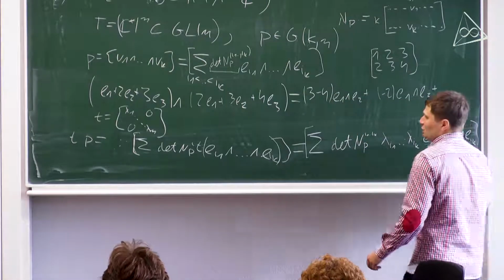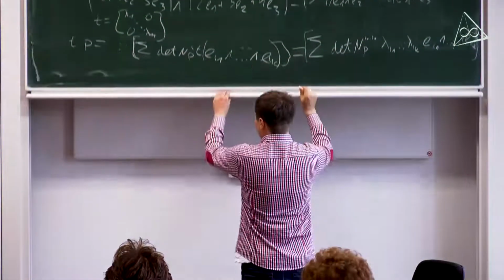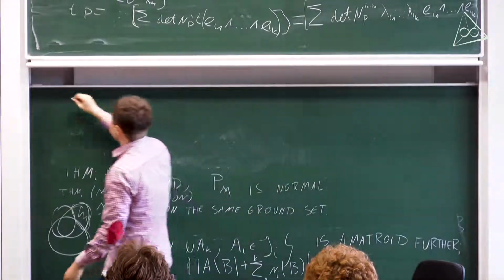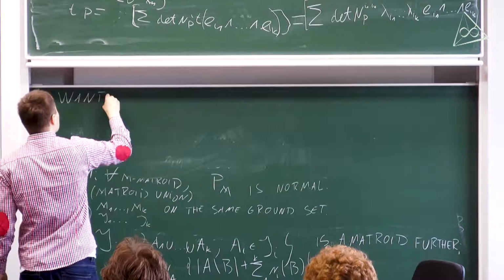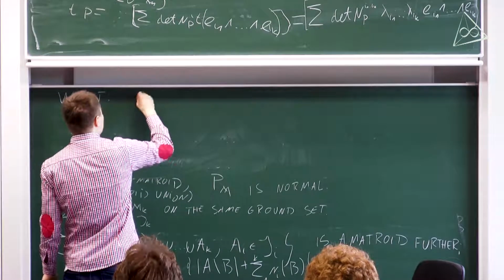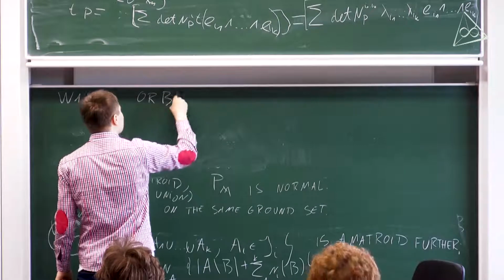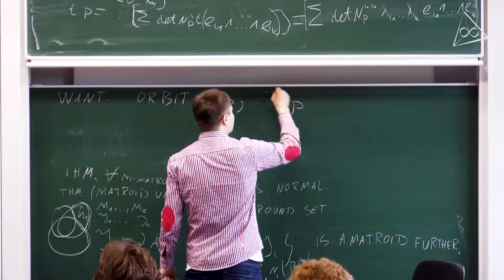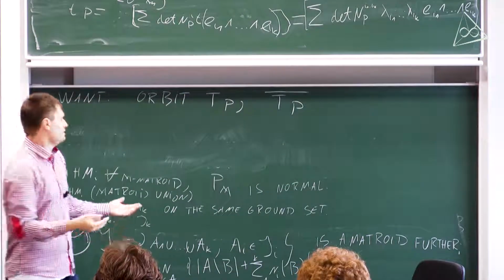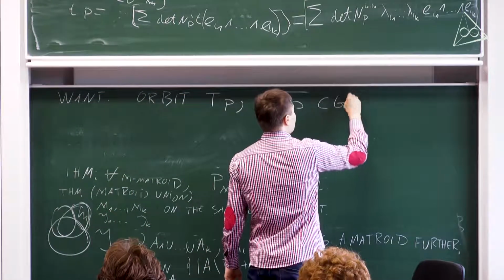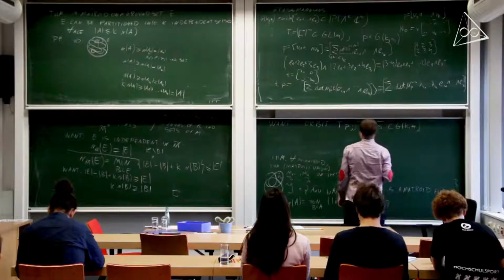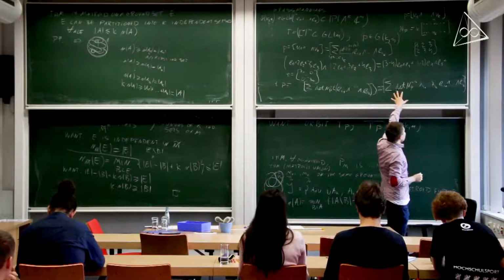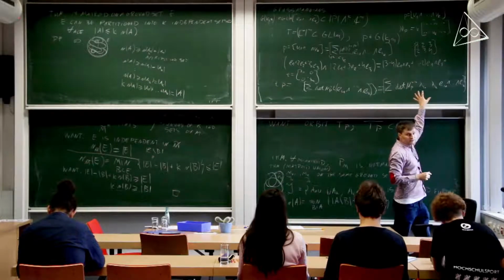Okay, so I didn't state the questions that guide us, but we want to understand the orbit T·P and the closure of the orbit. This is some subvariety of a Grassmannian, and we would like to understand it. Okay, so this gives us a parametrization of the orbit.